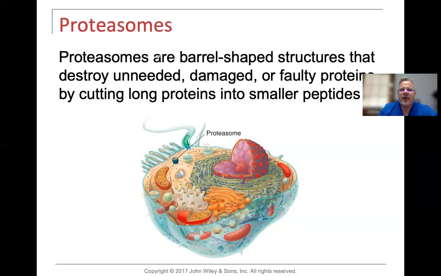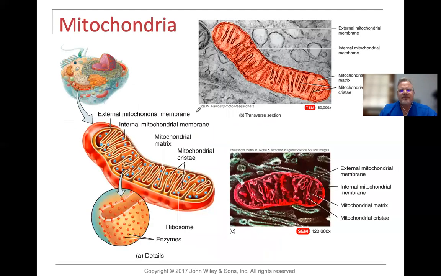Now, proteasomes, these are structures that destroy damaged or faulty proteins by cutting them into smaller and smaller pieces. Those are called proteasomes. The mitochondria we know as the energy factory or the powerhouse of the cell.